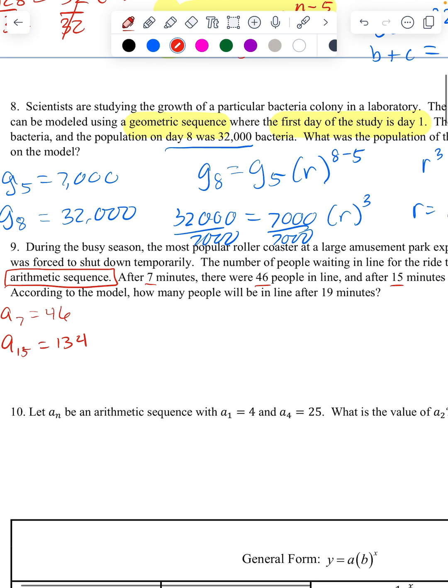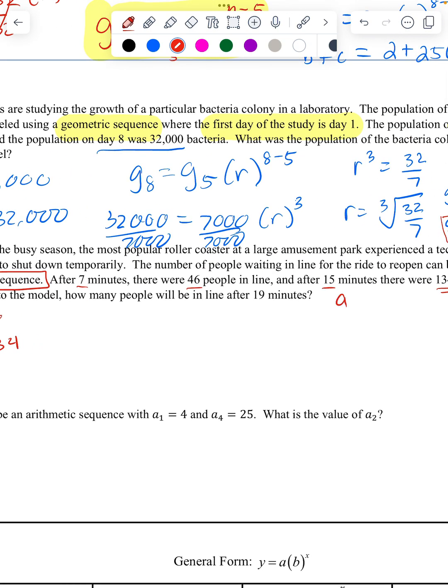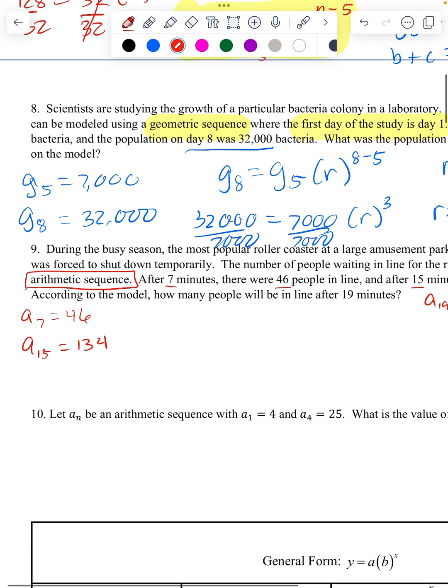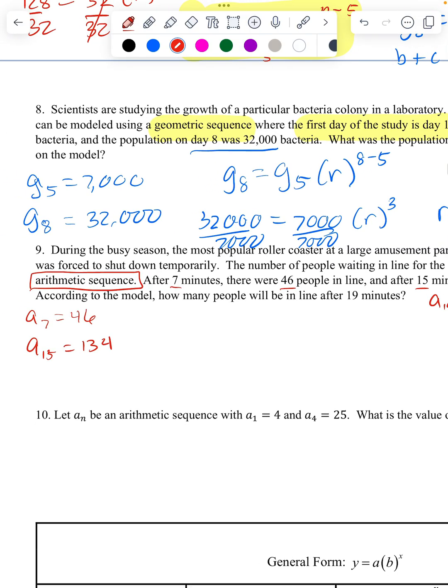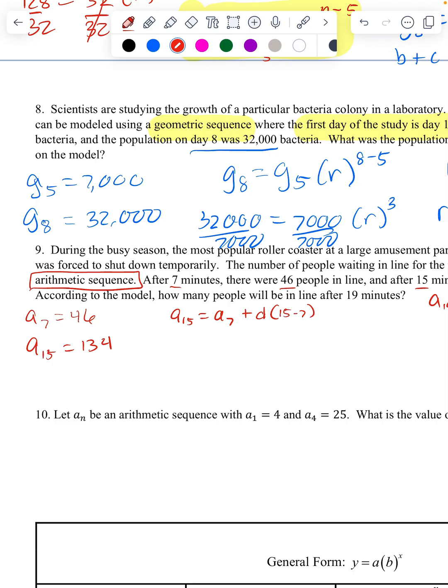According to the model, how many people will be in line after 19 minutes? So I need this, but first I have to get a model. I'm choking to death as always. Okay, to get a model, I'm going to need to know my common difference since it's arithmetic. So to get to the 15th term, I start at the 7th term and add my common difference, 15 minus 7 times. The given information tells me the 15th term was 135 and the 7th was 46.